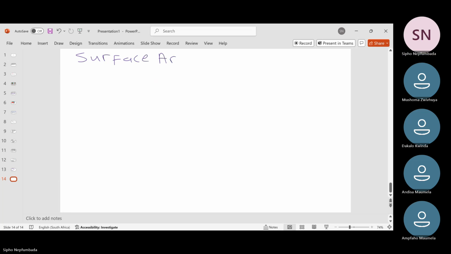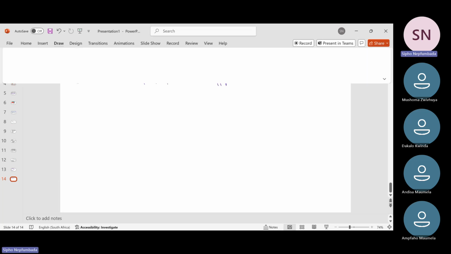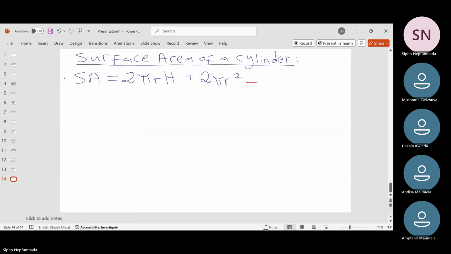So now, as I was saying, the surface area of a cylinder, SA is equal to 2 pi RH plus 2 pi r squared. This one is for a closed cylinder.